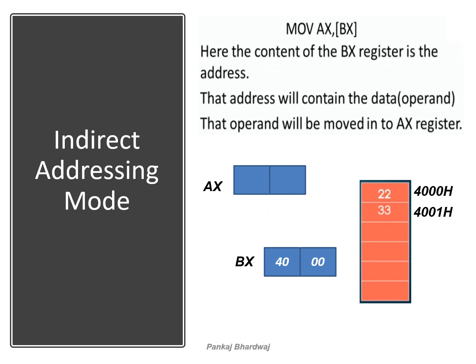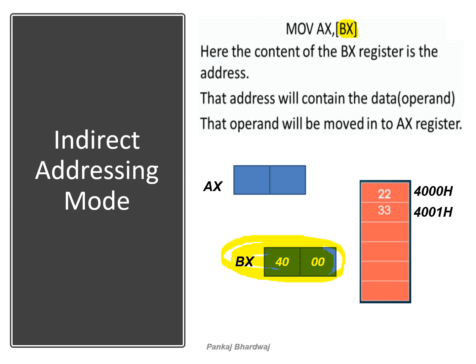Next is indirect addressing mode. That means the operand will be stored in a memory location whose location or address will be given by the register. That will be indirect. That means BX will be having the address or memory location of the operands.